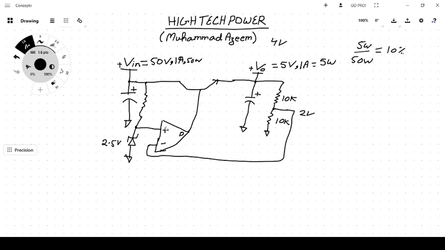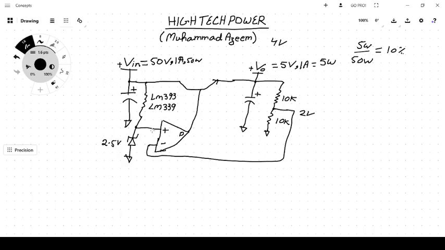I mean, in a comparator also there are two inputs, positive input and negative input, and there is an output. Suppose the comparator we use is LM393 or LM339, which are easily available in the market.